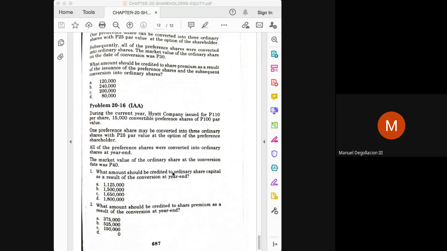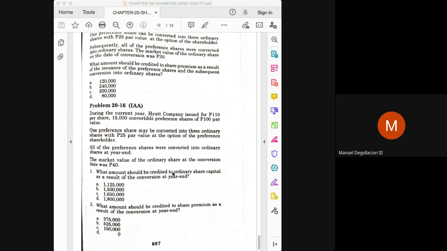Next, what would be the share premium? So whatever is the excess from the total value of the preference shares that were converted, it was 1,650,000, and we know that 1,125,000 will go to your share capital account. So that means the amount that will go to your share premium would be 525,000.